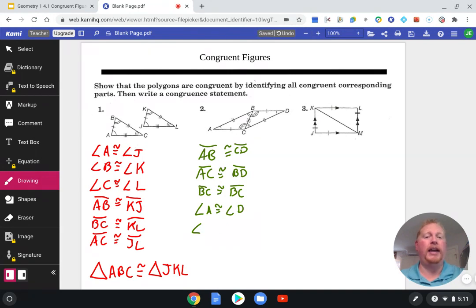So if I'm talking about angle B in the first triangle, I need to call it angle ABC. Or I could have called it CBA. Doesn't matter. Either way, I'm looking at the second or the double arc.